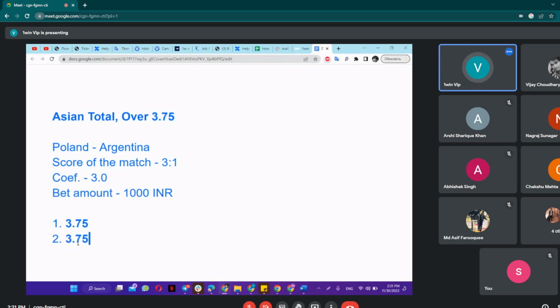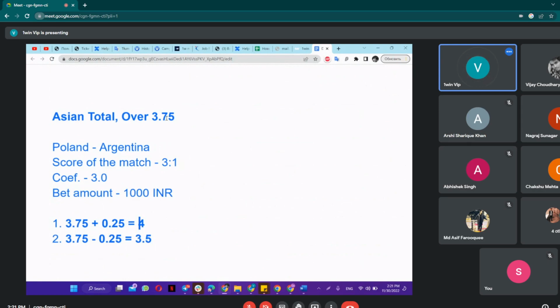So in the first case, we need to add 0.25. In the second case, we need to take off 0.25. We are doing it because in Asian total bet, we have basically two regular totals, and you will see why. So this one will be 4, and the second one will be 3.5.